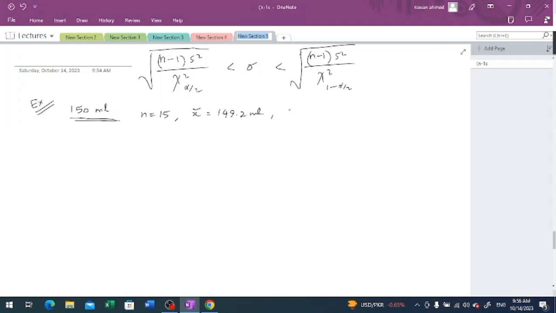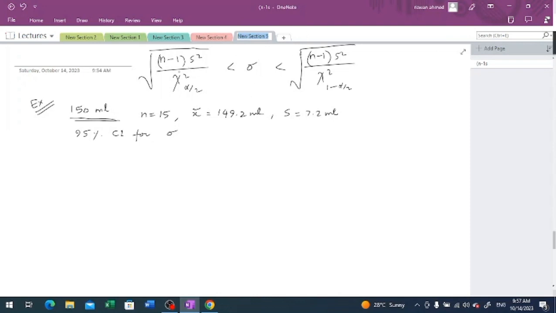Let's suppose the standard deviation, when we have computed, is 7.2 ml. So if 7.2 ml is the standard deviation, we are asked to construct a 95% CI for the standard deviation of all the cups or all the glasses being filled by that machine.